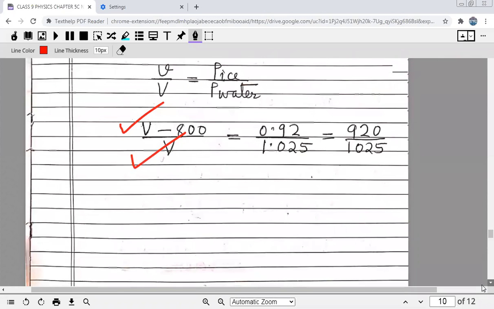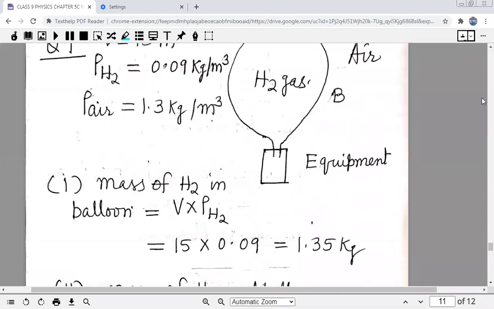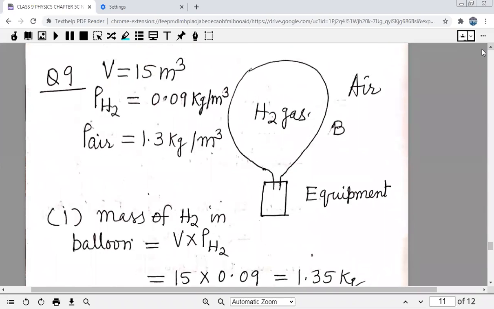Now you see the last question. All of you see in your book. A weather forecasting plastic balloon of volume 15 meter cube is filled with hydrogen of density 0.09.